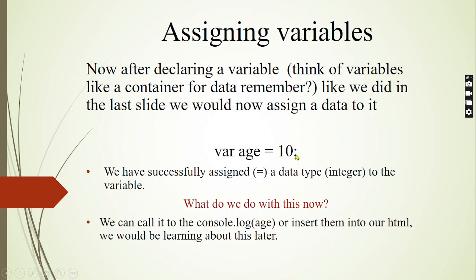Also notice we moved the semicolon to the end of the statement, after assigning it to 10. We can assign it to anything, not only 10, not only numbers, not only floats, anything at all.